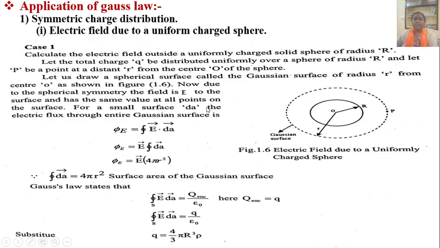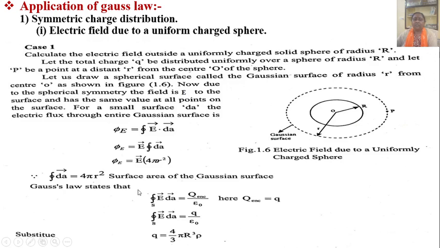For a small surface dA, the electric flux through the entire Gaussian surface is given by phi equal to closed integral of E into dA, and therefore phi equal to E into closed integral of dA. Therefore phi E equal to E into 4 pi r square, where the closed integral of dA equal to 4 pi r square, that is the surface area of the Gaussian surface.